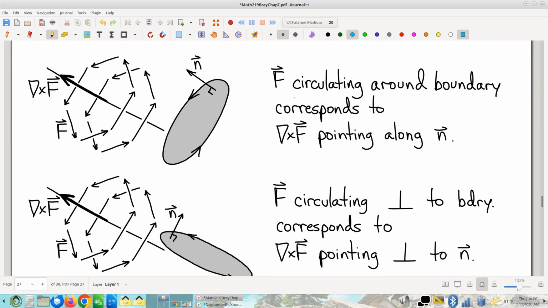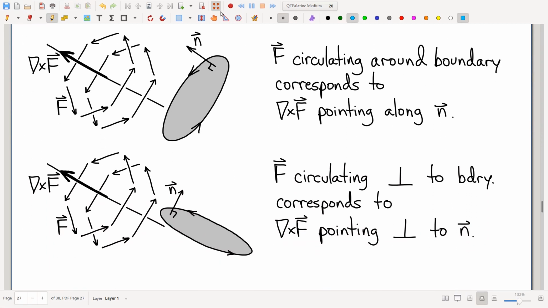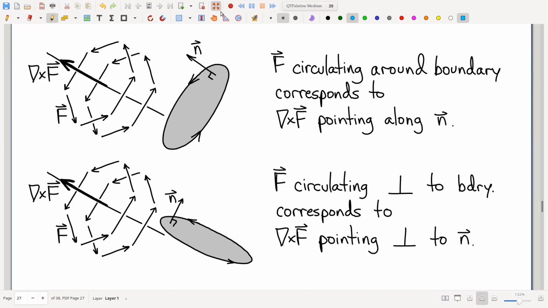And so here's a picture that I have that I think gets right at that pretty well. Now, again, this is not a proof. This is not a derivation. This is just I can kind of see how that kind of works kind of thing. That's our goal. We are interested in why the dot product of the curl and the normal vector to our piece of surface relates to how the circulation of the fluid is tracking the direction of the boundary of that piece of surface.